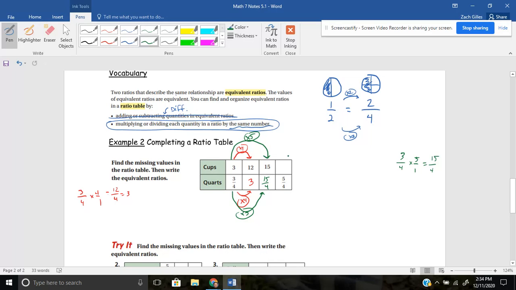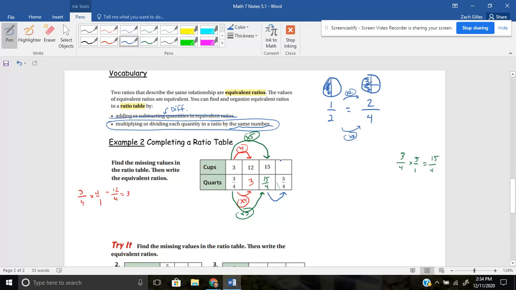And then we need to figure out this last blank. So you might be looking at like, well, I don't know how to get to 5/4 here. Look at the relationship between 15/4 and 5/4. How could you go from 15/4 to 5/4? Could you simply divide by 3 to get there?